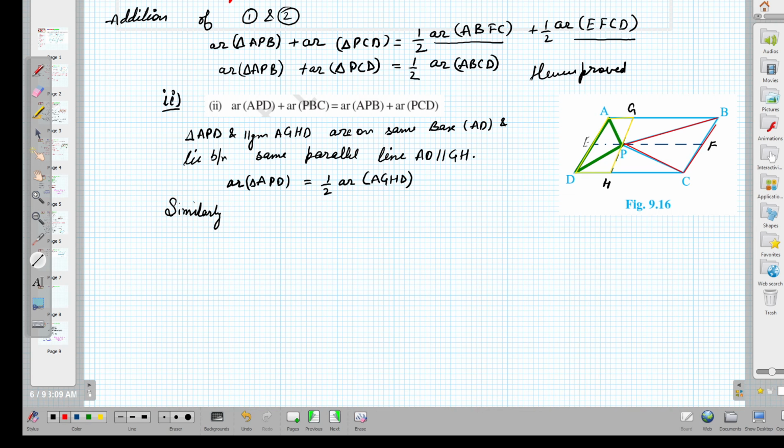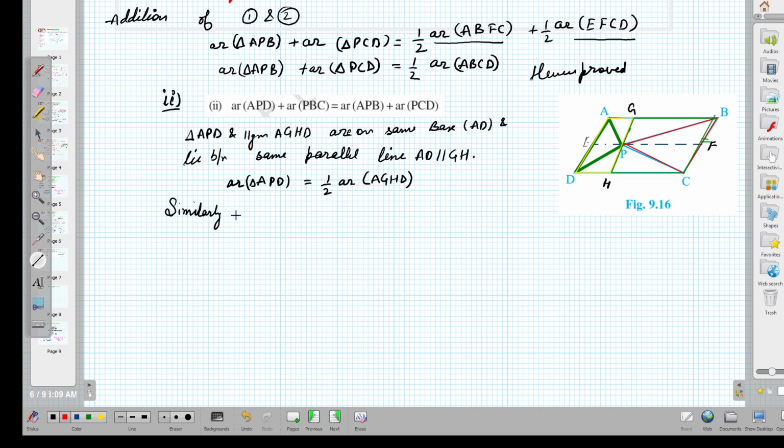So we are talking about this yellow triangle and also the corresponding green quadrilateral. इन दोनों में रिलेशंस हम लिख सकते हैं बिकॉज दोनों का सेम बेस है, दिस इज द बेस, और दोनों सेम पैरेलल लाइन के लिए हैं.